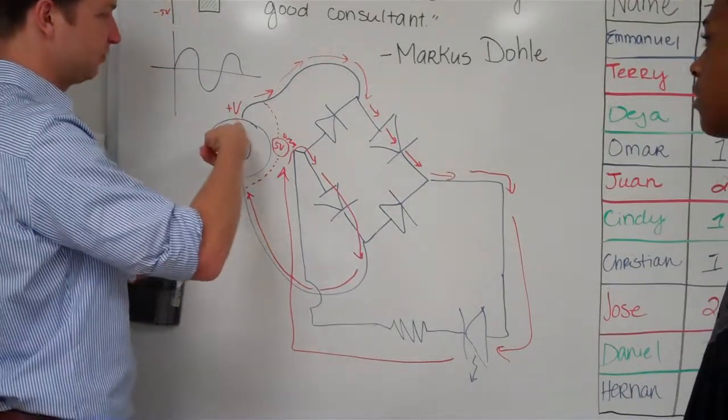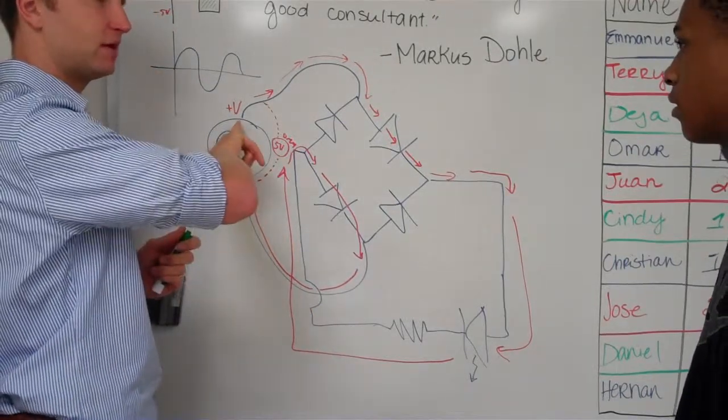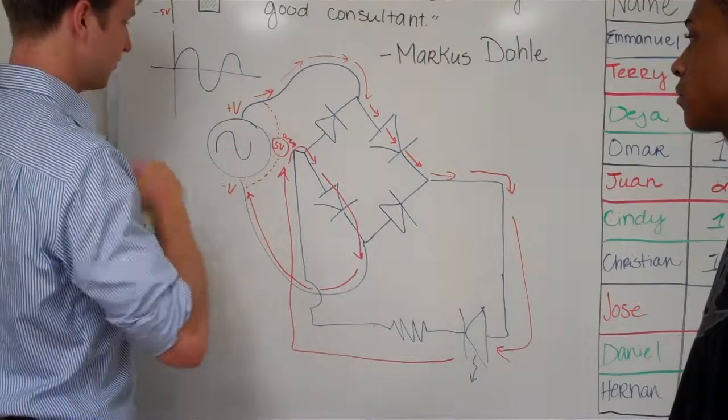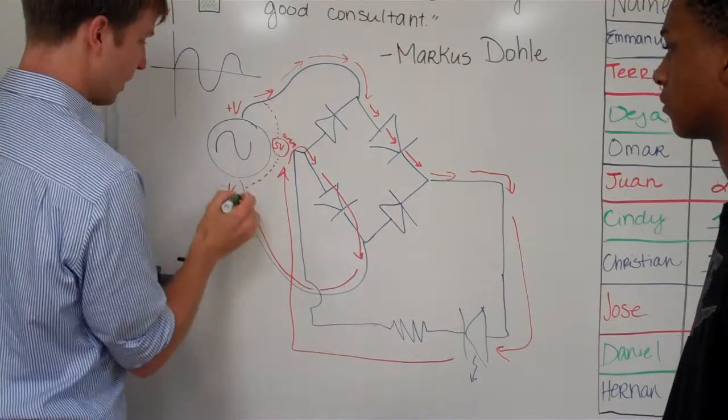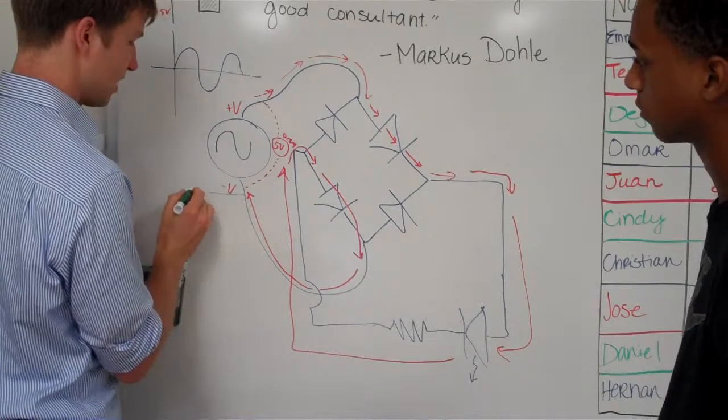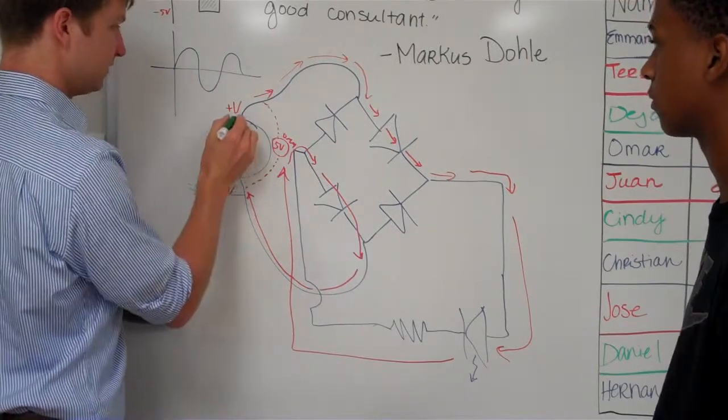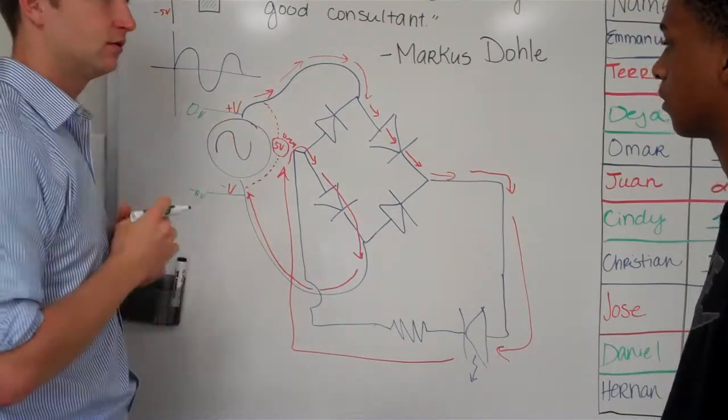So negative 5 volts is the same as taking a 5 volt system and flipping it backwards. So let's say this is at negative 5 volts, and this is at 0 volts, right?